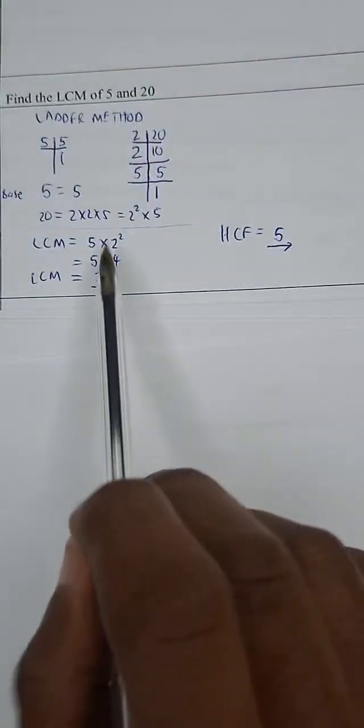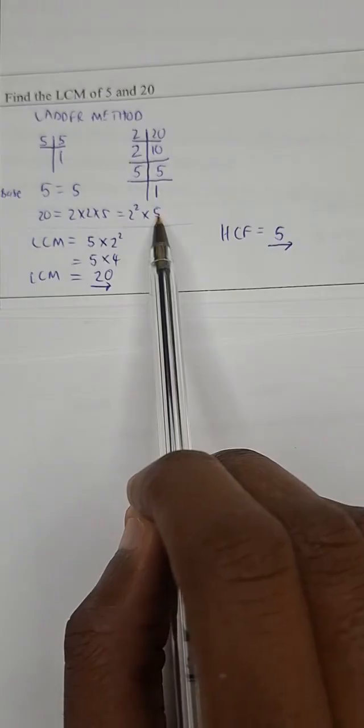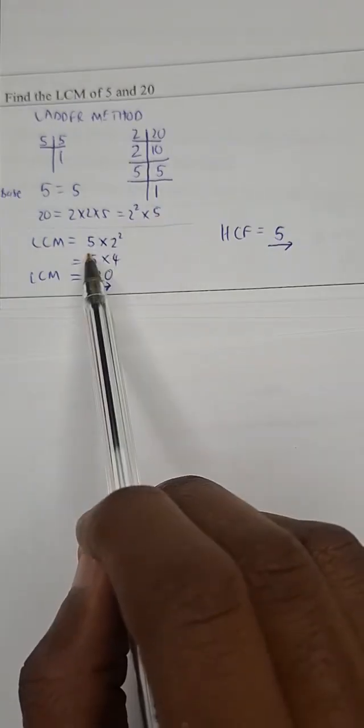As I said, 5 and 5 for 5 and 20 are common. We choose 5 once. 2 squared is not common, it's a leftover. So you choose the common base with the highest exponent and your leftover.